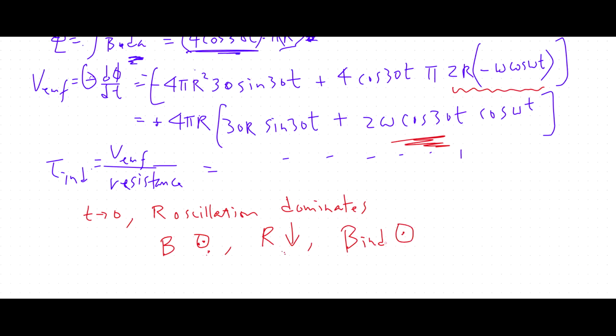So if this is the direction of the induced field, then my induced current must be clockwise or counterclockwise? Right, so you say going this way, and this is a positive number, so good. Positive is counterclockwise.